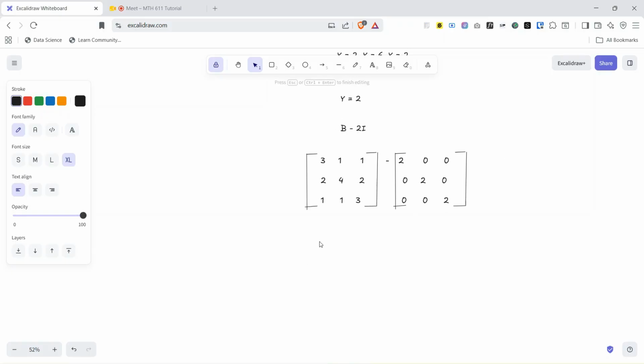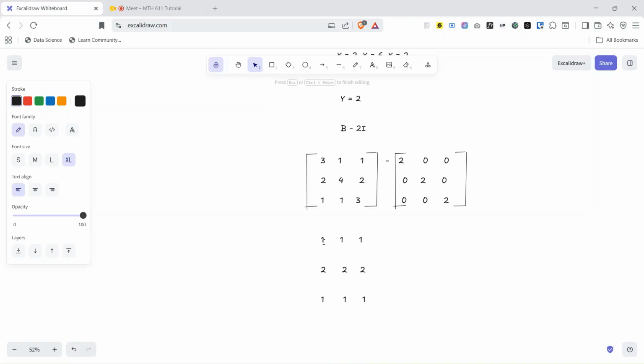So this would give us 3 minus 2, which is 1. So this will give us 1, 1, 1. Then 2, 4 minus 2 is 2, 2, 2. And then 1, 1, 3 minus 2 is 1.